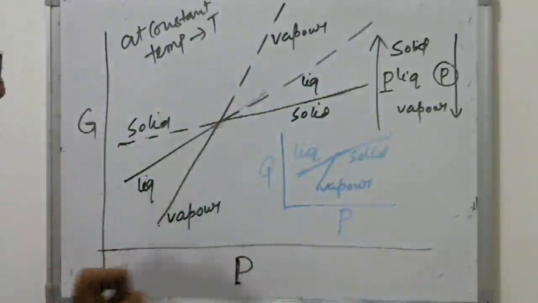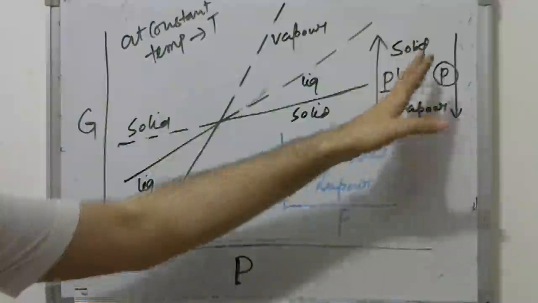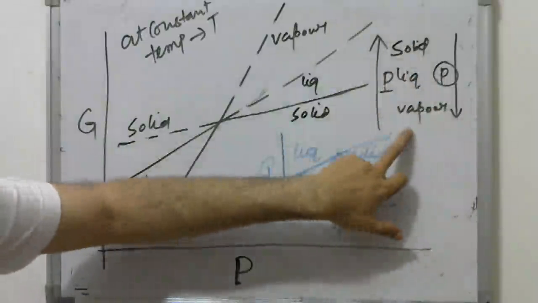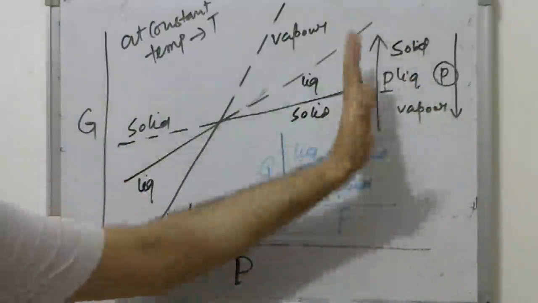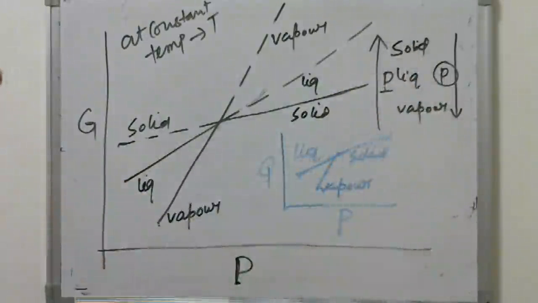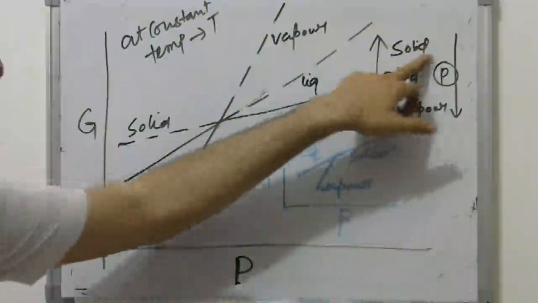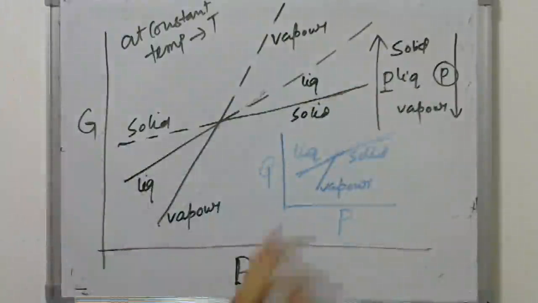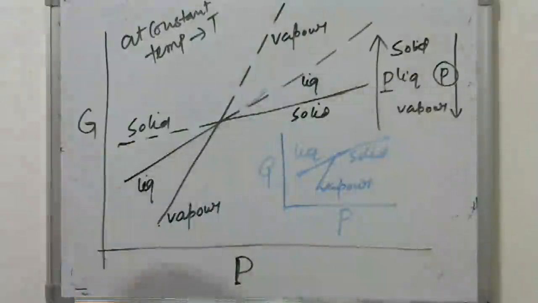Okay. A material normally exists in three forms: solid, liquid, and vapor. If you increase the pressure of a material, solid will be the most stable phase, right? We all understand this. Liquid will be the next, and at higher pressure you won't have vapor, it will convert into solid or liquid.